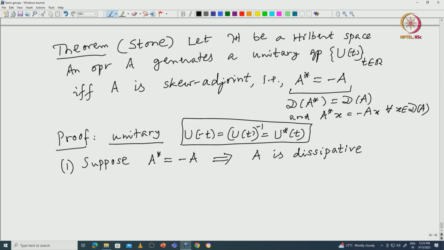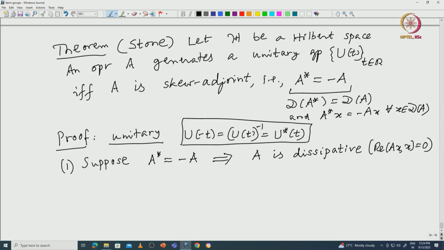In fact, the real part of the inner product (Ax, x) is 0. You can easily check that.